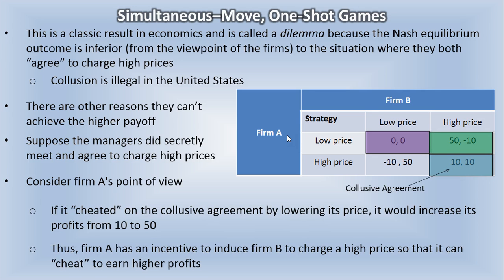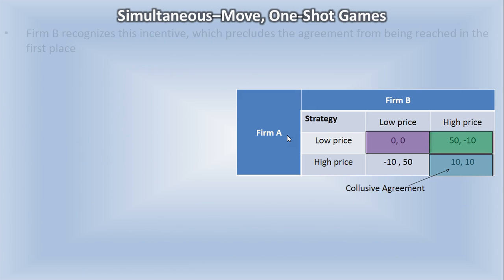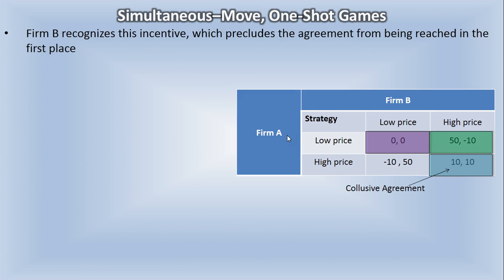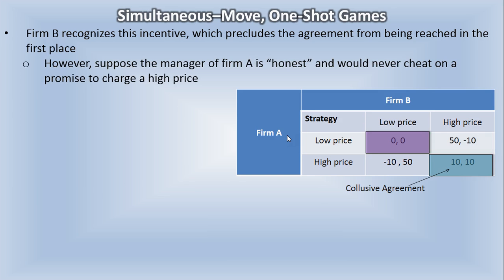Thus, firm A has the incentive to induce firm B to charge a high price so it can cheat to earn higher profits. B recognizes this incentive, which precludes the agreement from being reached in the first place.